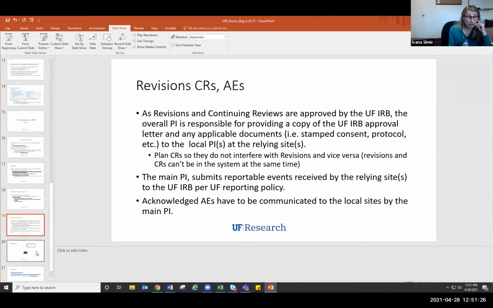Now, as far as the post-approval world and cycle of the study, all revisions and continuing reviews are approved by the UF IRB because, again, we have the regulatory oversight. And the overall PI is responsible, and the PI's team is responsible, for providing a copy of the IRB approval letter and any applicable documents to the relying PI and the relying site.